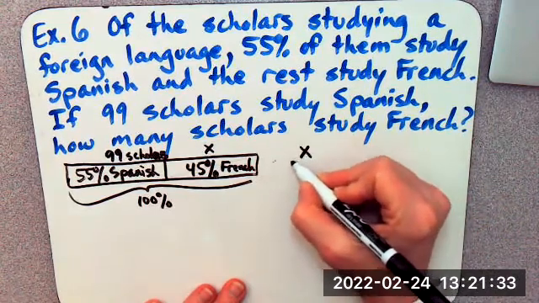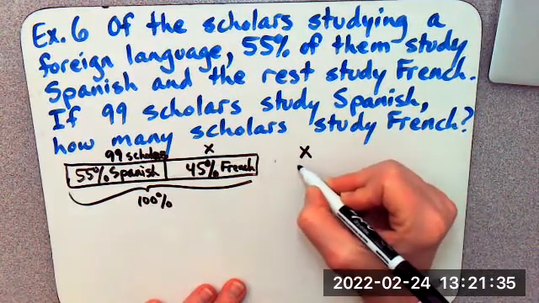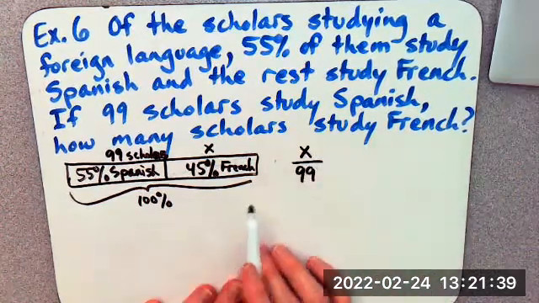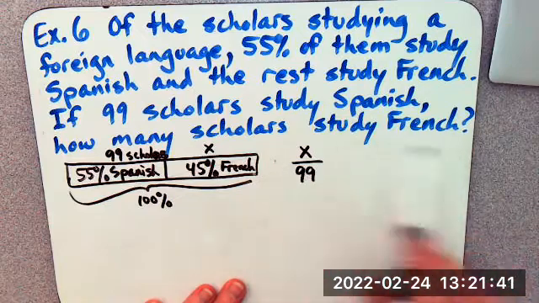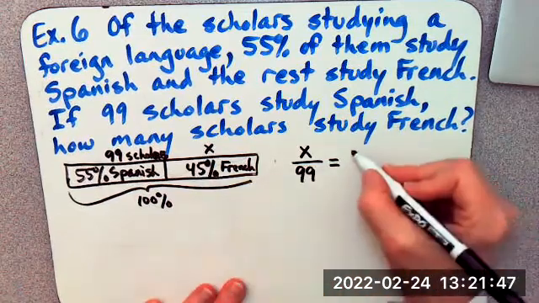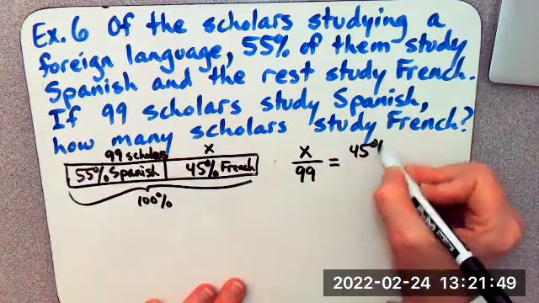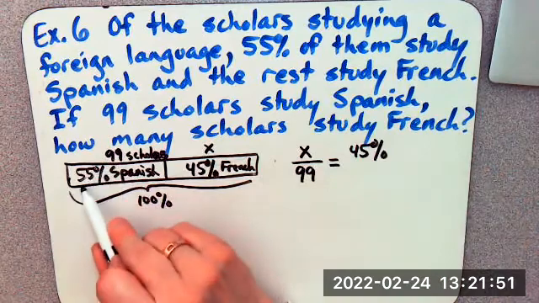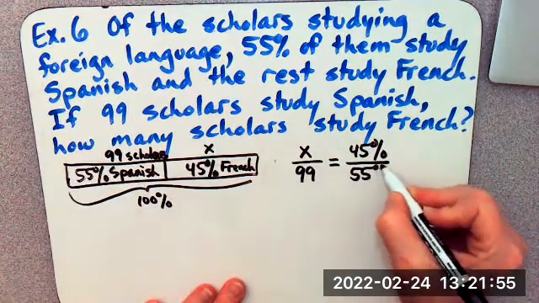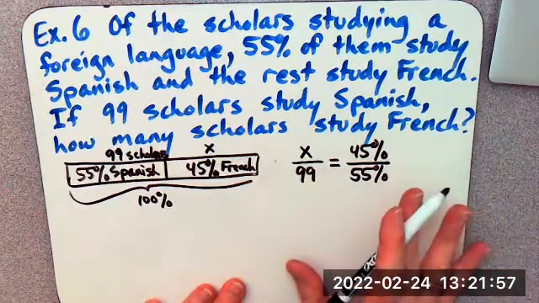So X over 99. So we want to know how many scholars are studying French. Okay, so that's relating to 45% of the scholars, but the Spanish scholars, there's 55%. So we're just going to compare it like that.